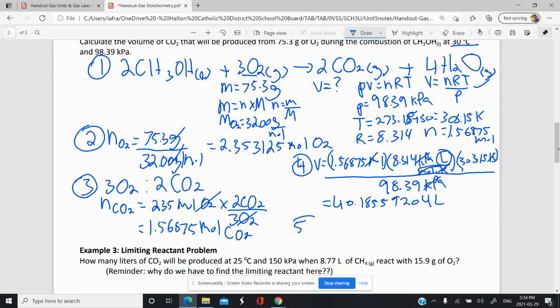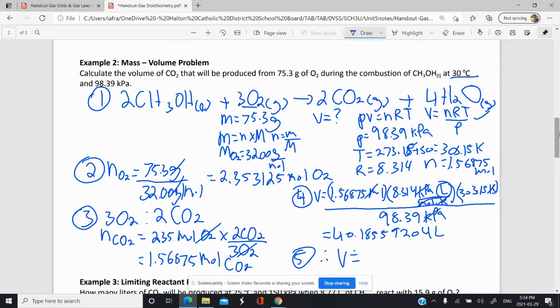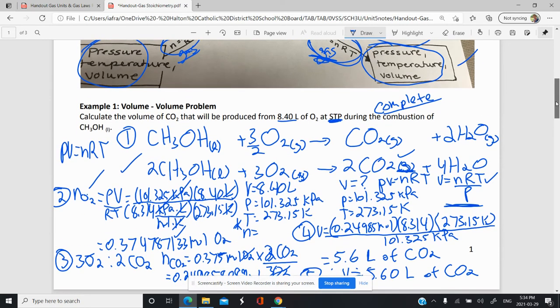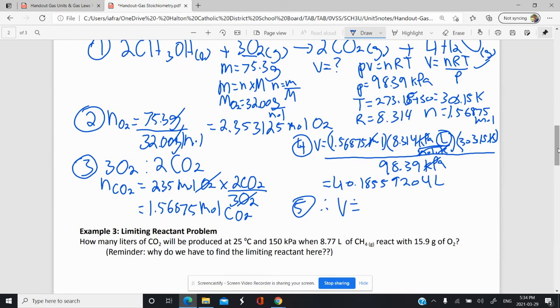And so our therefore statement is that therefore the volume is approximately equal to, it looks like we need to have 1 sig fig. And let me just make sure I did that properly in the previous question. Yeah, I did. Okay. So 1 sig fig provided in the question there. And so since it's 1 sig fig, we can say the volume is approximately 40 liters of CO2.